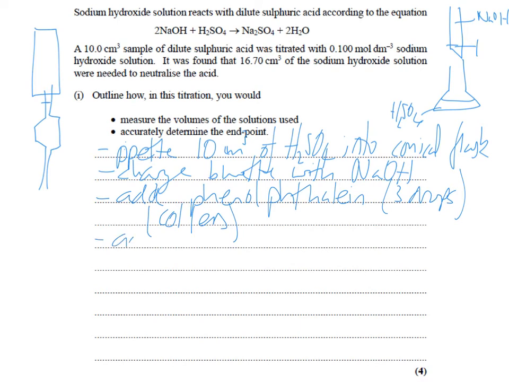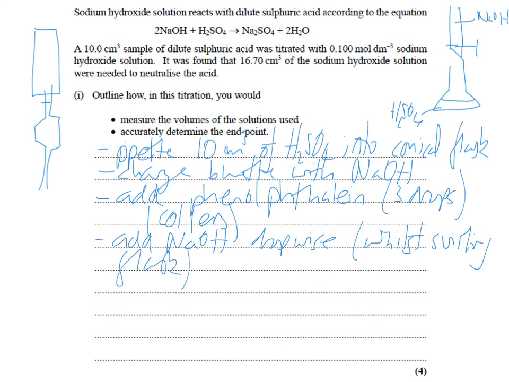You're then going to add the sodium hydroxide dropwise. And you're going to swirl the flask. Okay, and when do you stop adding the sodium hydroxide? When you get a permanent colour change.